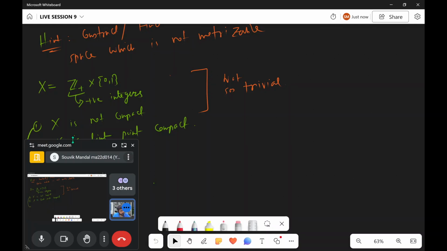Firstly, why is X not compact? Because the open covering U_n equal to {n} cross {0, 1} does not admit any finite subcover.